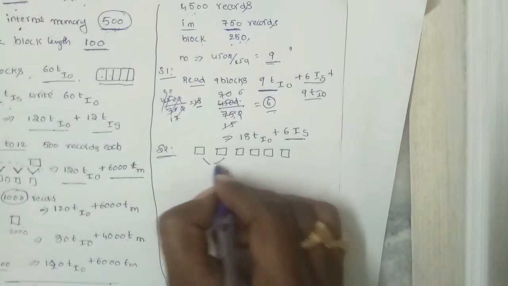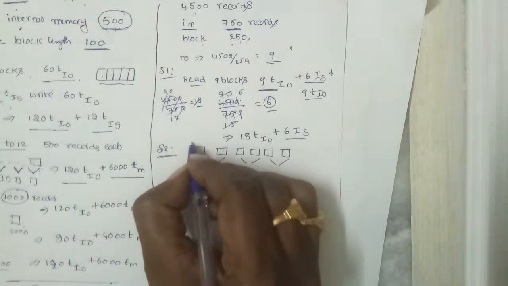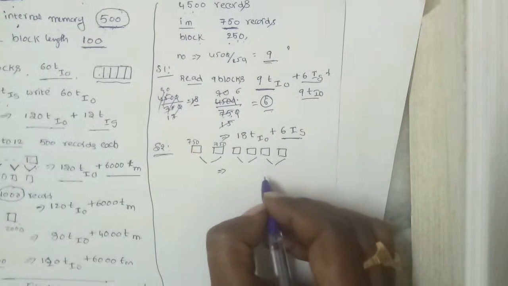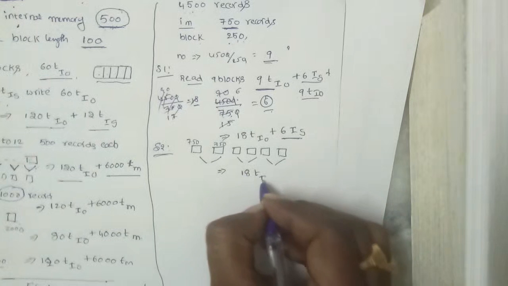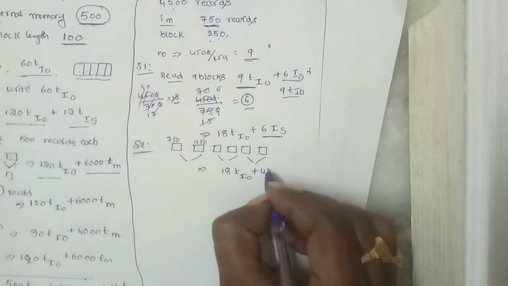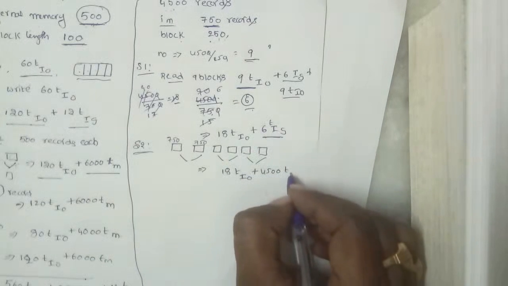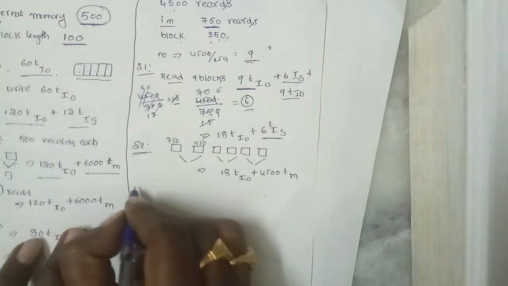In the first step we merge these, each run of size 750. That means I am reading and writing all the blocks, 4500 TIO and 4500 TM, merging all the 4500 records.